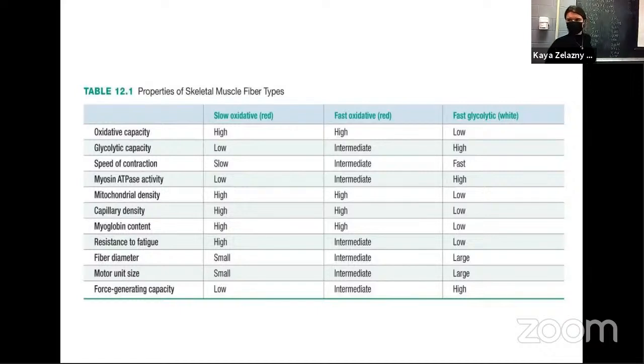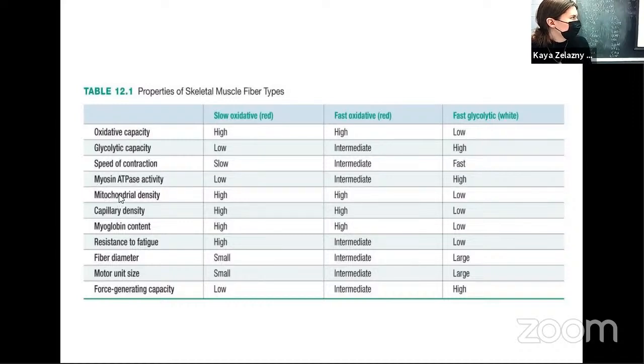So we have this in table form, just comparing our 3 fiber types. This is a table showing how good their oxidative capacity is, so how much oxidative phosphorylation they can do, how much glycolysis they can do, and how fast they contract, which is related to what type of myosin ATPase activity is going on for the cross-bridge cycling.